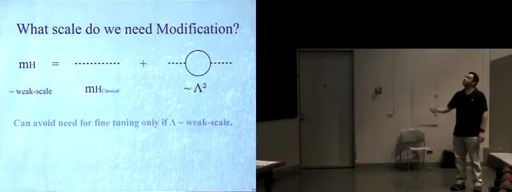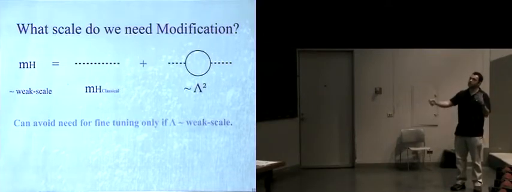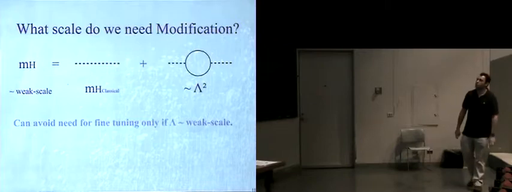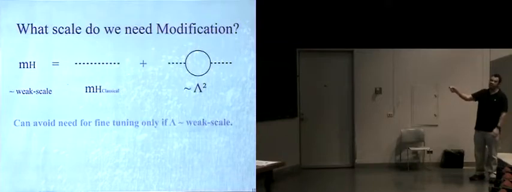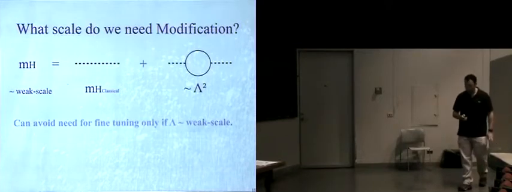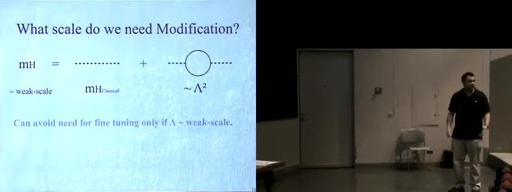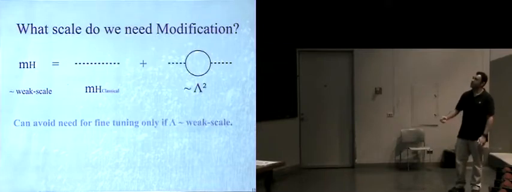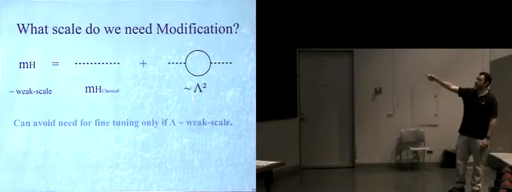But of course, if it happens 1,000 times bigger than the weak scale, or 10,000 times bigger than the weak scale, it's still tremendously closer than the Planck scale, but you still need fine-tuning at a level of 1 part in a billion, or 1 part in a trillion, and that's not good either. That's also impossible. So the only way to avoid this fine-tuning that no one's happy with is if this cutoff is at the weak scale.